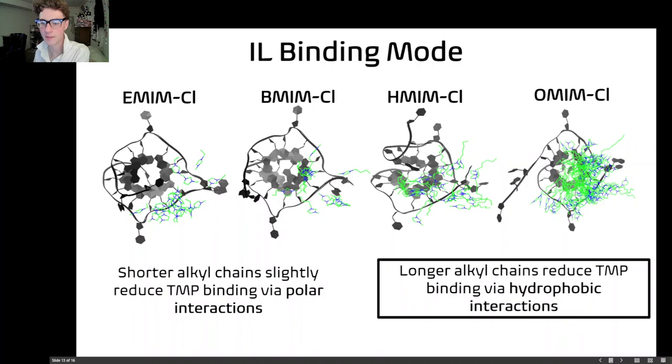You could imagine that this could be happening at the bottom site too, but due to the geometry of this Pu22, it's not as open at the bottom as it is at the top. At the top, it's way more open. So we think that TMP binding is reduced because of the increased hydrophobicity of HM-ion and OM-ion.